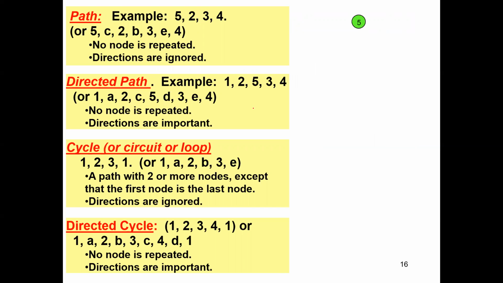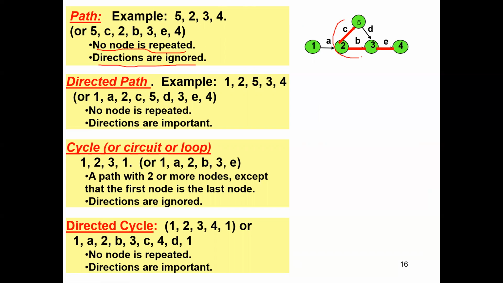So there are some definitions in this slide. A path, which I will also call a route, is one where no node is repeated and directions are ignored. So for instance, this could be a path for this problem.